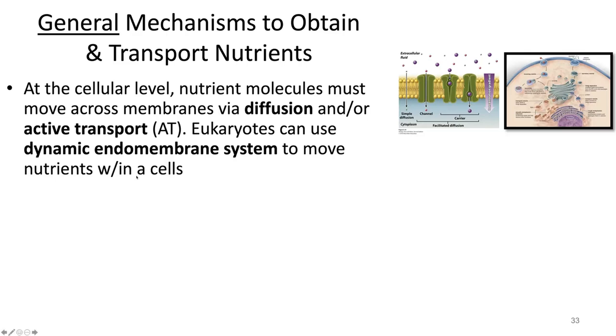We talked about the endoplasmic reticulum, Golgi apparatus, and vesicles, which can pinch off and move nutrients or proteins around in the cell. This dynamic system is a useful way to move nutrient molecules around and also move wastes out of a cell. That's something only eukaryotic cells can do. Only eukaryotic cells have this dynamic endomembrane system. Prokaryotic cells do not.